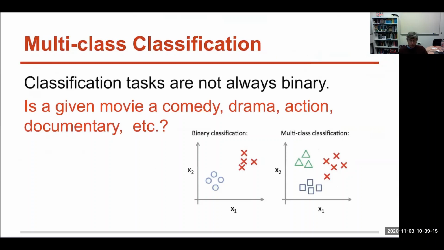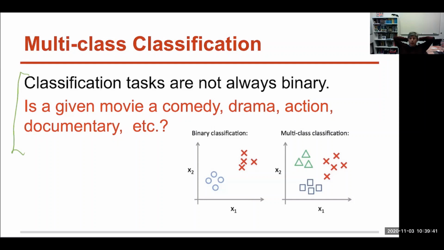The other issue that comes up a lot in multi-class classification is that classification tasks are not always binary. Again, you guys worked with movie data, and one of the labels that you had was a genre label.